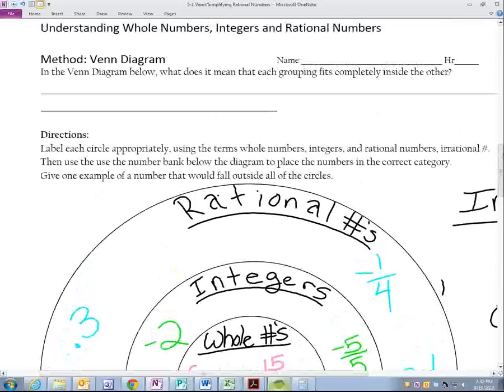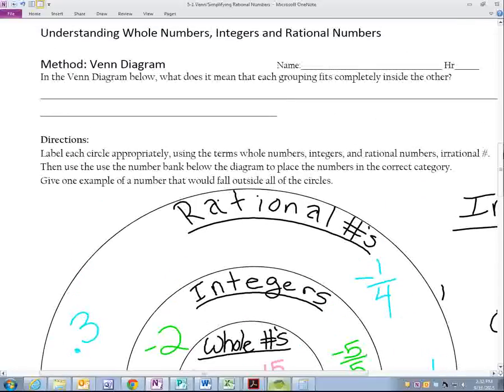Now let's go back up here. In the Venn diagram below, what does it mean that each grouping fits completely inside the other? So I'll tell you.